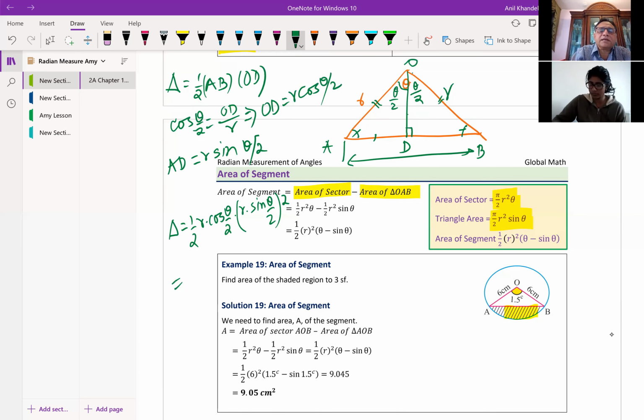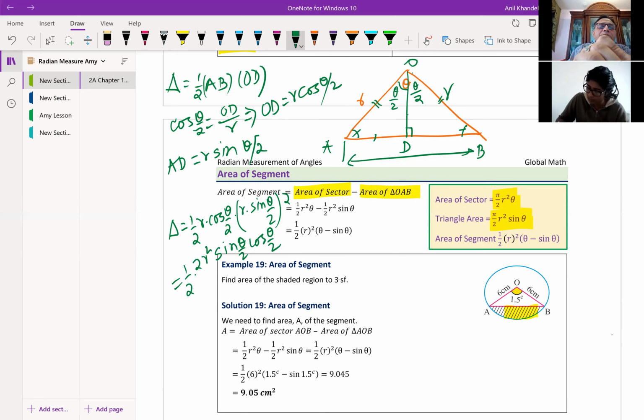So we could now just cancel one of these 2's. So what do we get? Or just keep it, don't cancel. I'm just telling you why not to cancel. Let me rewrite this. So we have half of, let me write 2 R square sine theta by 2 cos theta by 2, correct?